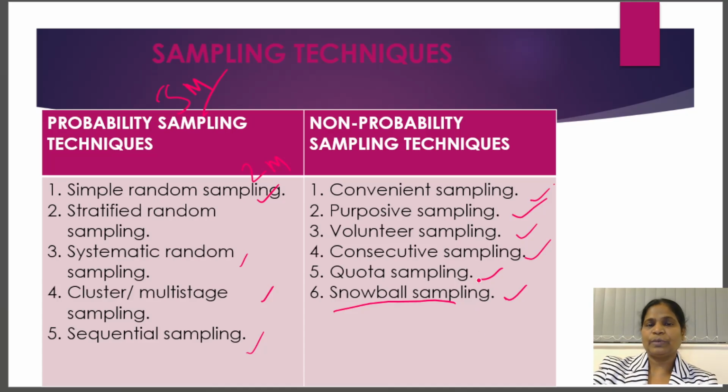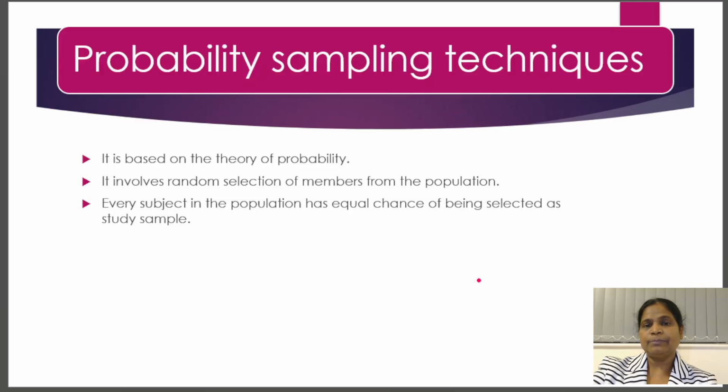So we'll quickly go through these different types of sampling techniques. First one, probability sampling techniques. It is based on the theory of probability. That means most of the studies, like quantitative studies, are done using probability sampling techniques.